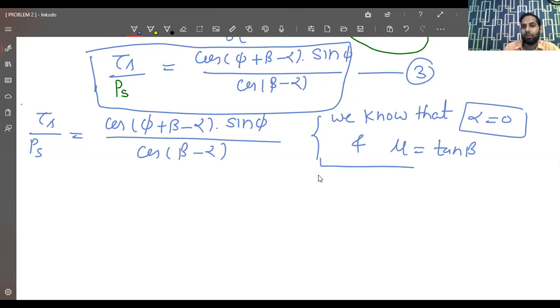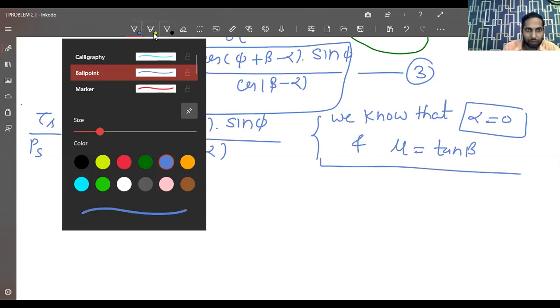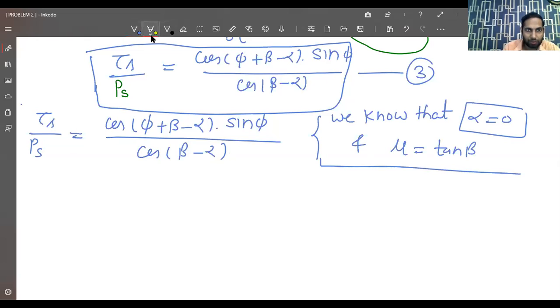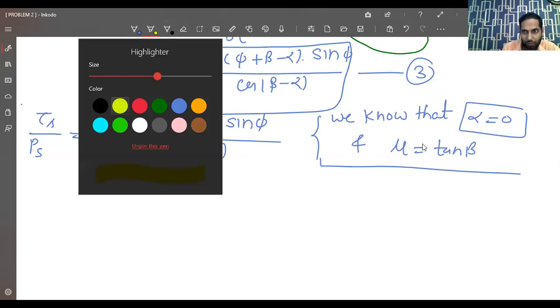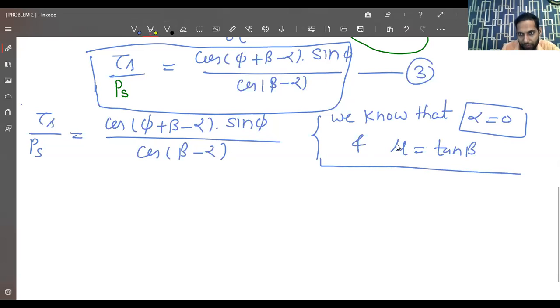Clear? We know that mu is equal to tan beta and alpha is equal to 0. So now put these values in this equation.